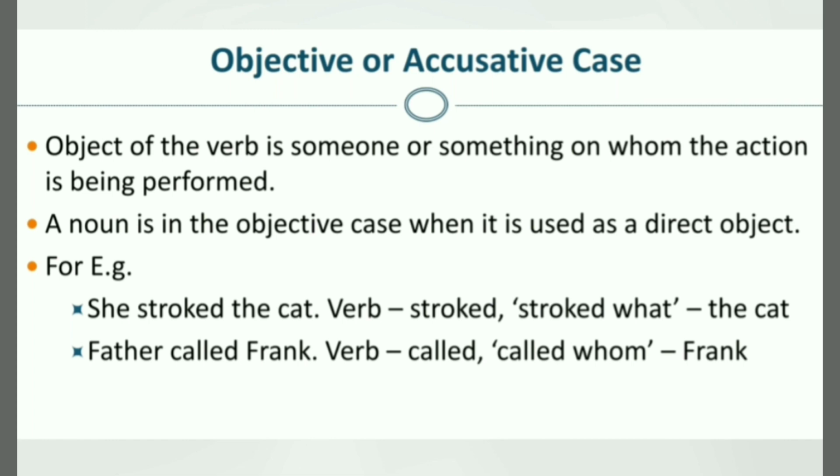We learned that in nominative case, the noun is the subject of the verb, that is, someone or something that performs the action. In objective or accusative case, the noun is the object of the verb.